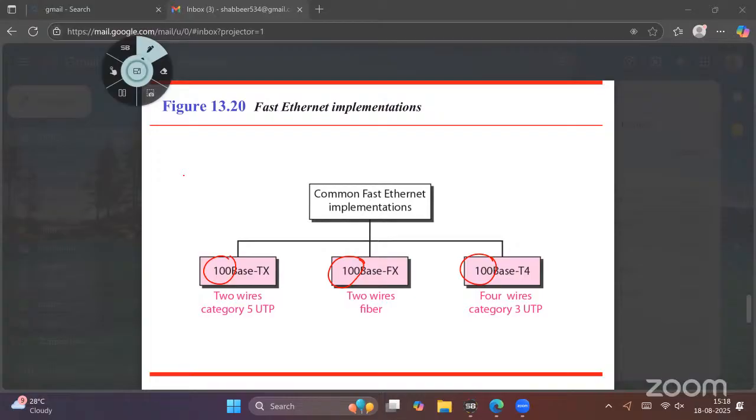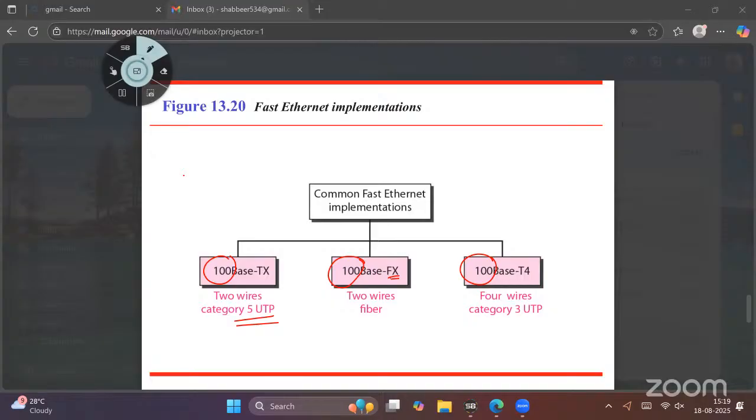So this is called Fast Ethernet. In Fast Ethernet, which category do we use? Category 5, Cat 5 UTP. What is UTP? Unshielded twisted pair. And here we can also use fiber optics.